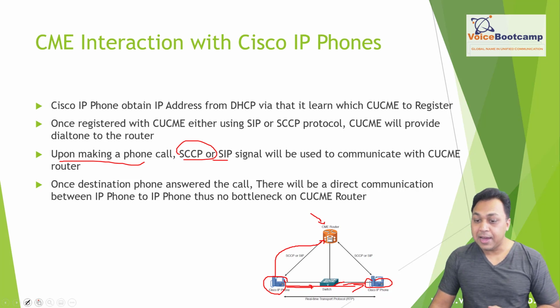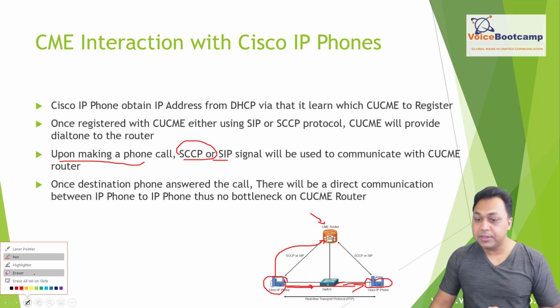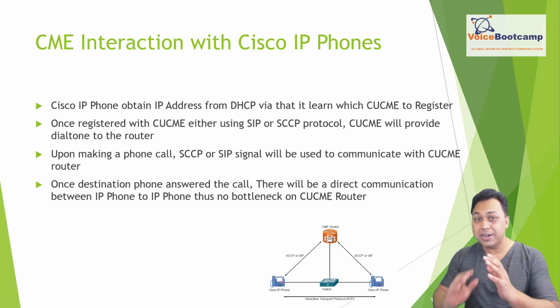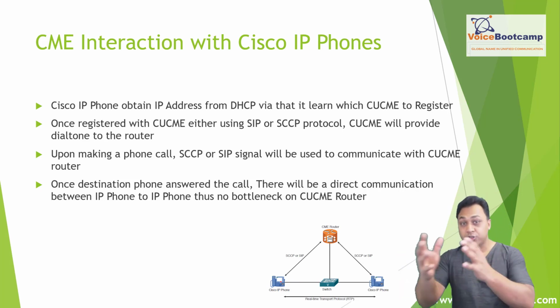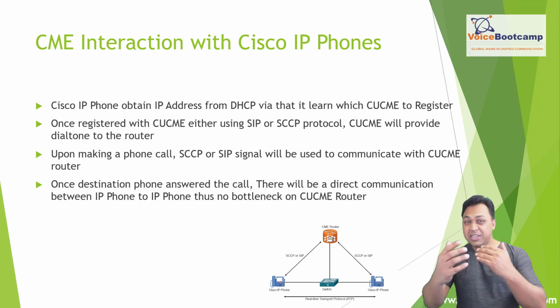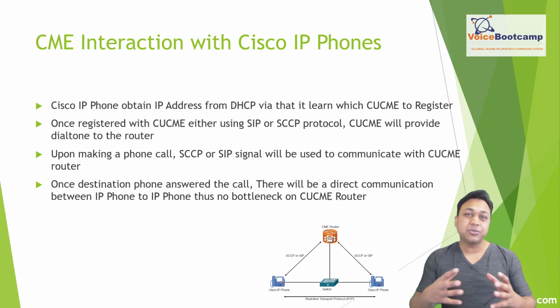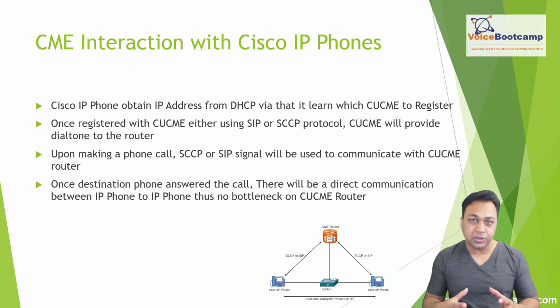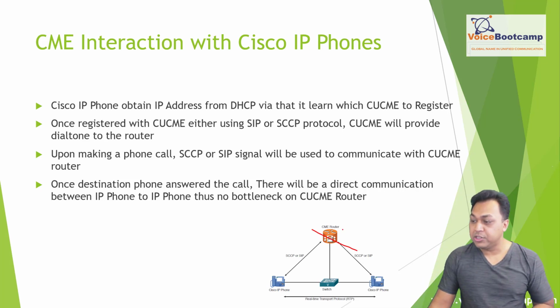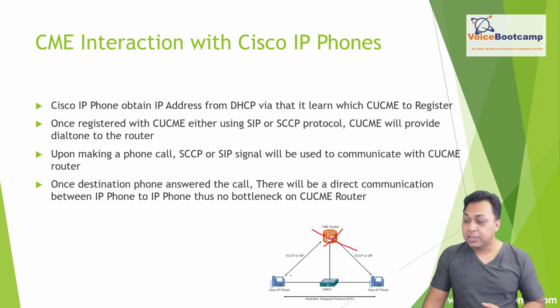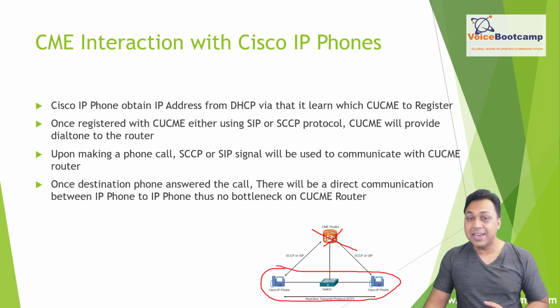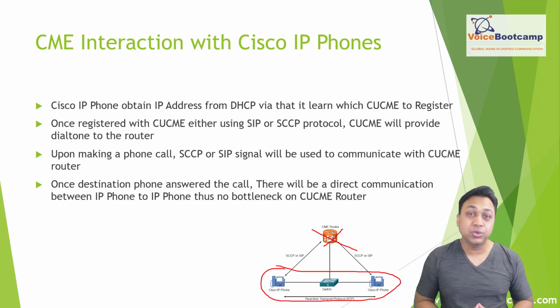When phone A talks to phone B and they have established an RTP session between them, the CUCM does not really have to exist at that moment for the communication to continue. If the CUCM goes down for some reason, the phones will continue to communicate as long as they have layer 2 and layer 3 connectivity.